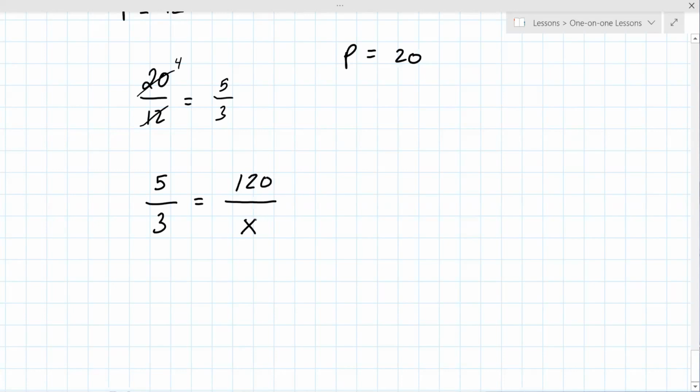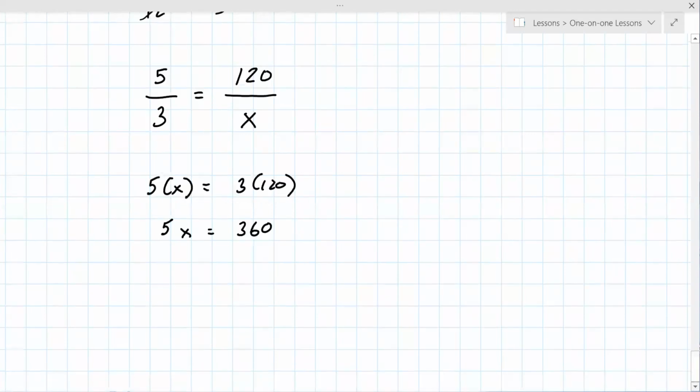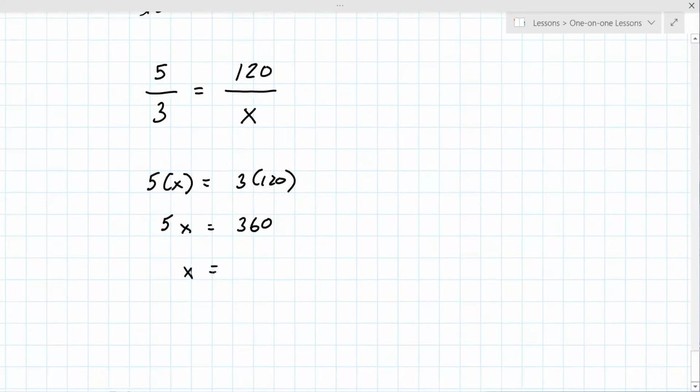X is the smaller perimeter. 120 is the larger perimeter. 5 is the larger scale factor. 3 is the smaller scale factor. 5 times X equals 3 times 120. So we have 5X equals 360. So X equals 72.